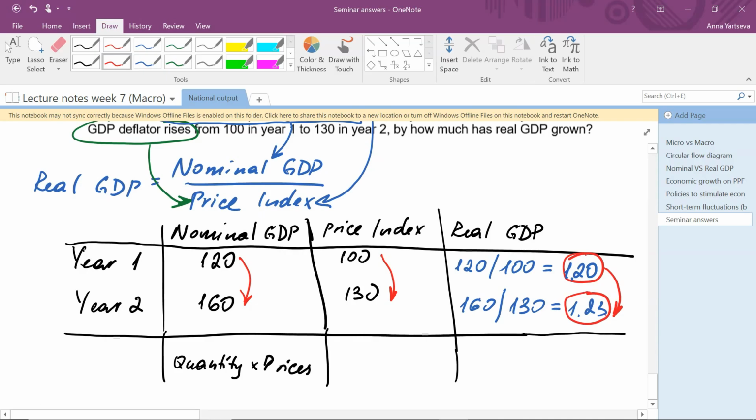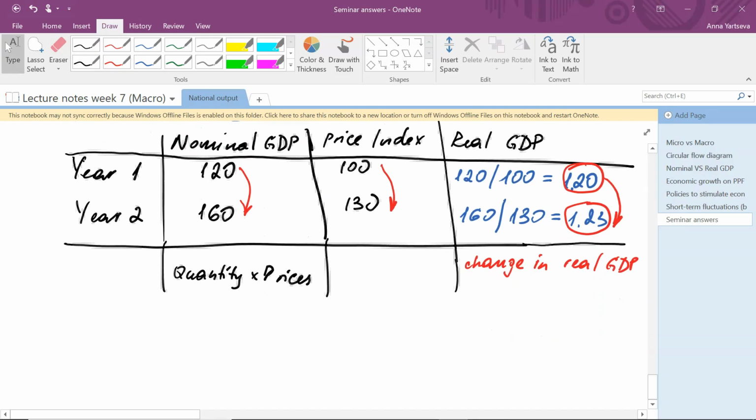Let's calculate the change in real GDP now, the rate of economic growth. It will be calculated as 1.23, our new value, as we've always calculated percentage changes, minus the original value, 1.2, divided by the original value, times 100%.